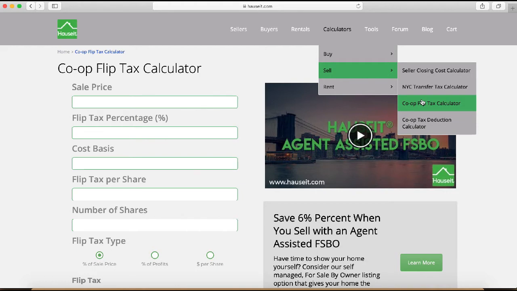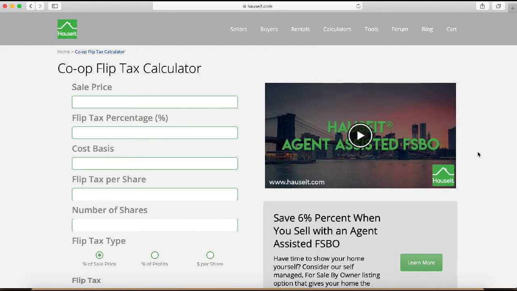The purpose of the calculator is to help estimate, as a prospective seller in the city, what your flip tax may be that is payable at closing. Now, it's worth mentioning that the flip tax itself can be something which both condominiums and co-ops charge sellers, although on average it is highly unlikely to find a condominium that does charge a flip tax.